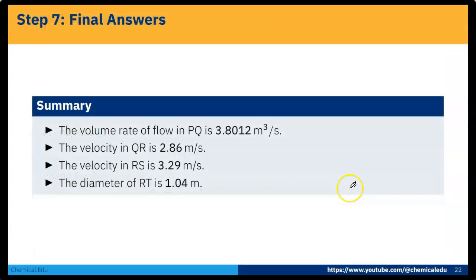Now for the summary or final answer: the volumetric flow rate in PQ is 3.8012 meter cube per second. The velocity in QR is 2.86 meter per second.